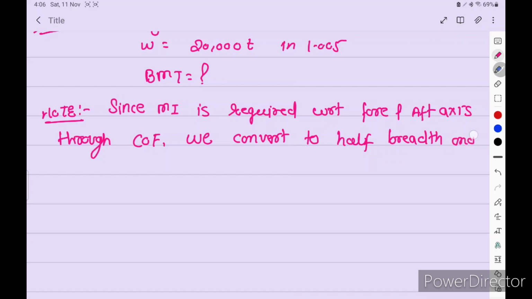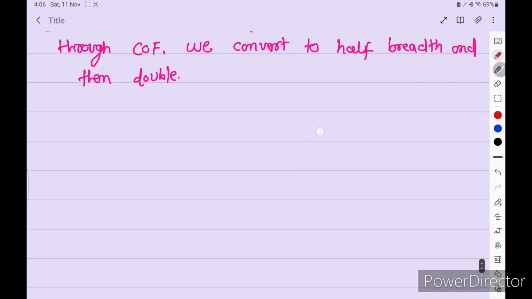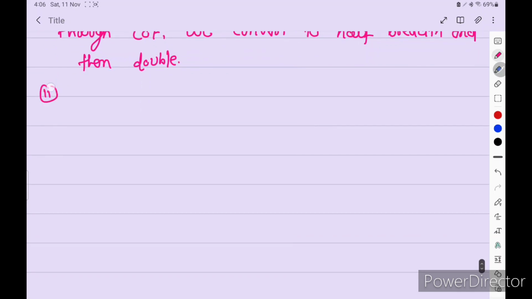Generally if you see, the half ordinates are given, but here it is not mentioned as half ordinates. With full breadth we cannot do it. Generally in all the questions half ordinates are given, only this question does not mention half ordinates.